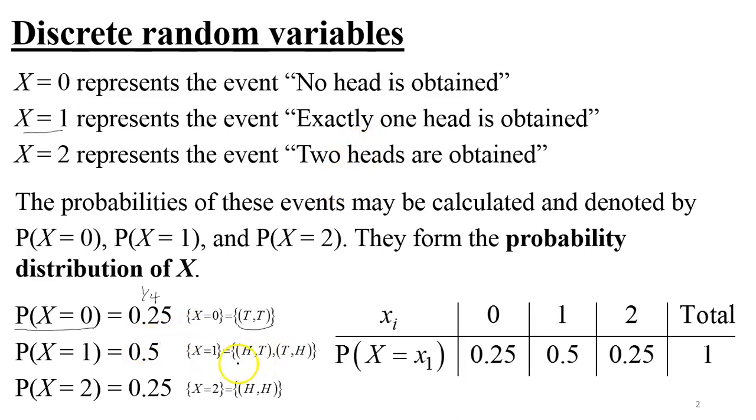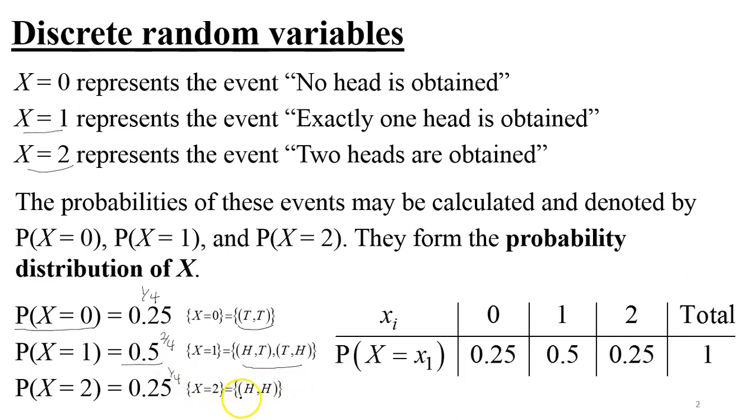Again, in the sample space omega, we have 2 outcomes that could give me exactly 1 head, and that's 2 outcomes out of 4, which is 0.5. And then finally, we have X equals 2, which is the event 2 heads are obtained, and the probability of X equals 2 is again 1 over 4, or 0.25.